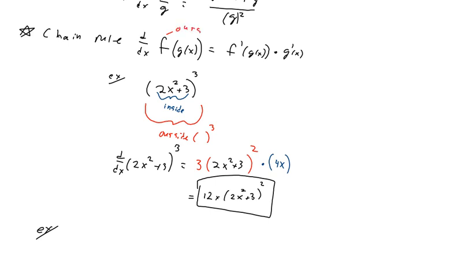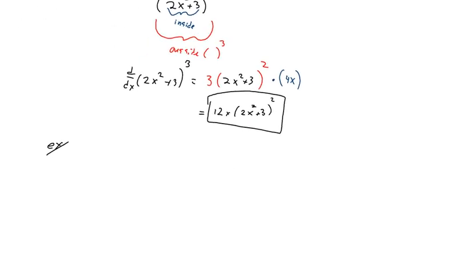All right, another example. What if I had, let's say, the cube root of x squared plus 2x minus 3 squared.